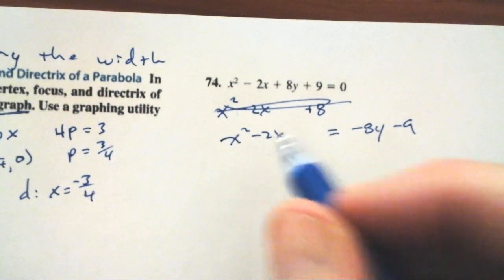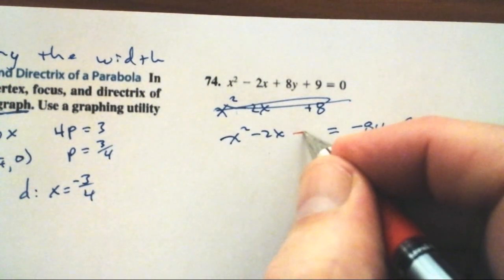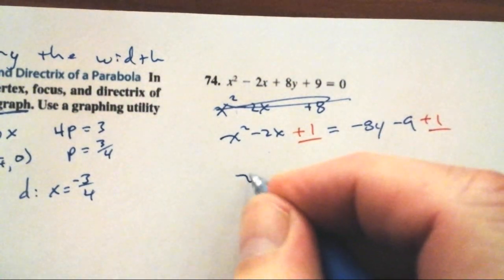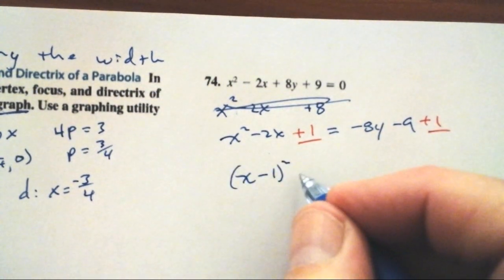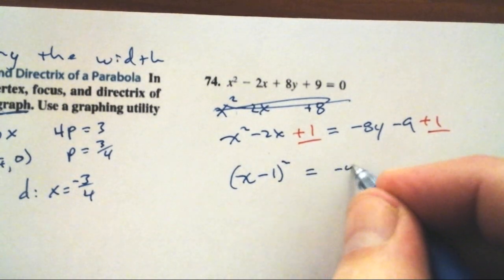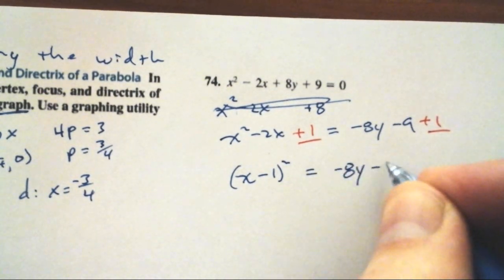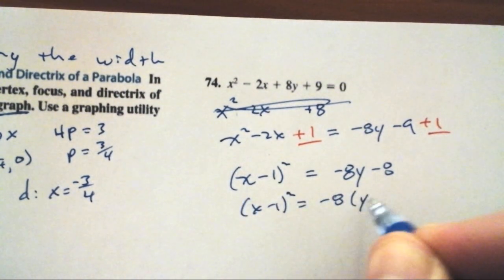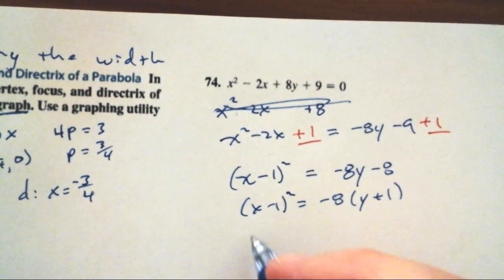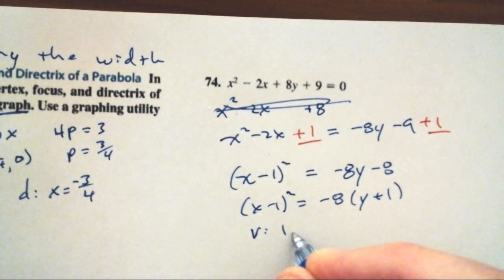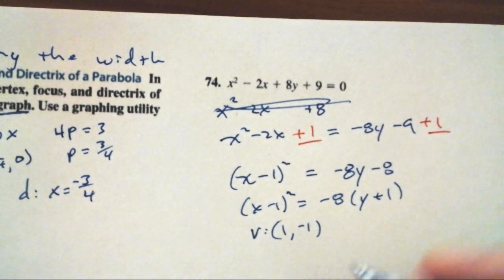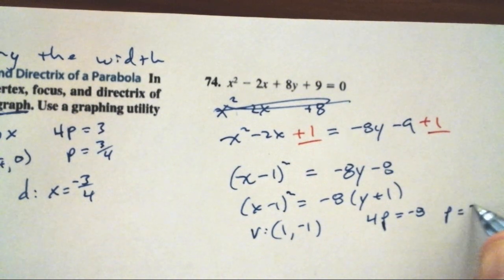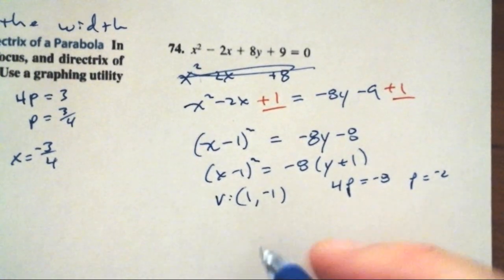I take half of negative 2, which is negative 1, square it, plus 1, and balance my equation with plus 1, and I get x minus 1 squared equals negative 8y minus 8, or x minus 1 squared equals negative 8 times y plus 1. So our vertex is at 1, negative 1, and 4p is equal to negative 8, so p is equal to negative 2. Let's take a look at what this looks like.